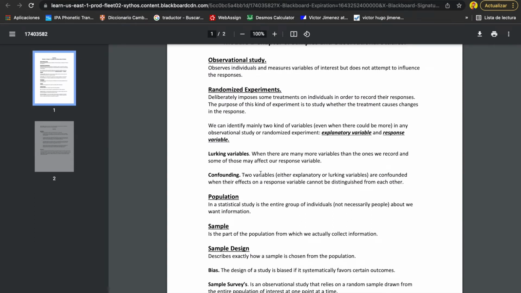Now, here we can identify mainly two kinds of variables, even when there could be more, in any observational study or randomized experiment. We have the explanatory variable and response variable.